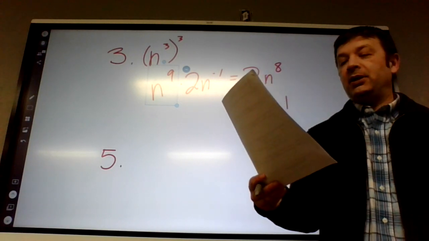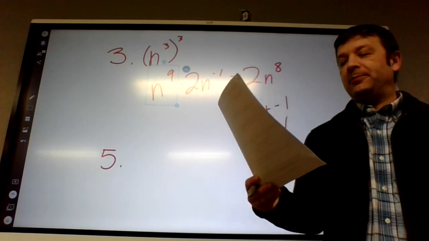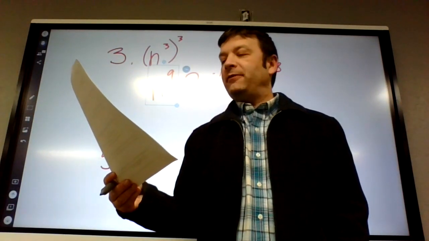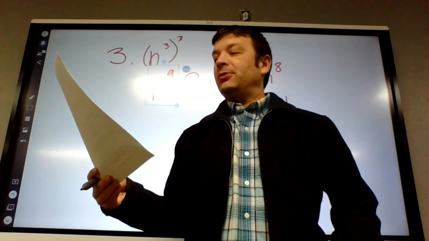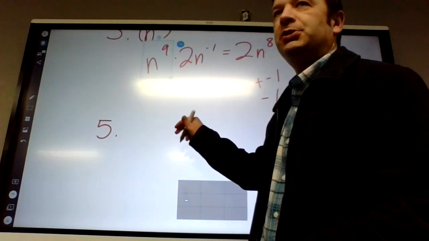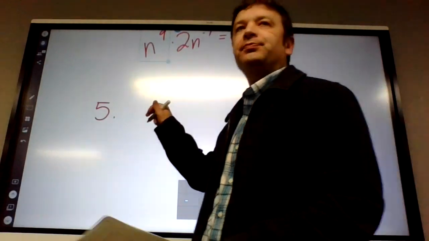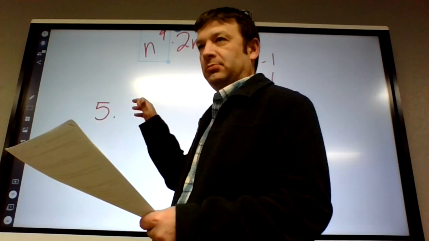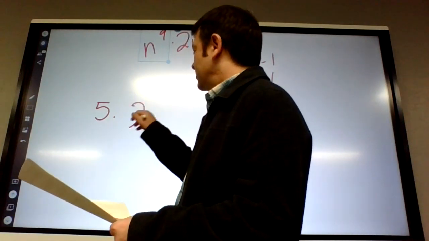Okay, Emily, on the top, we got 2 times 4 times 3. So when you got a division bar, you're supposed to save that for last. So what's 2 times 4 times 3? 24. Yeah.